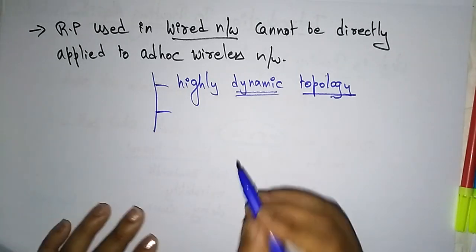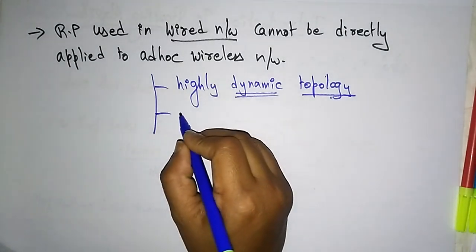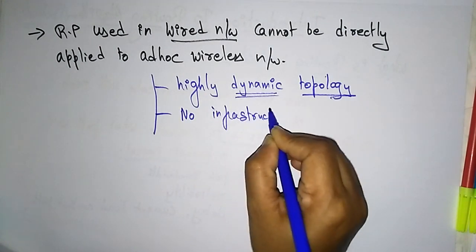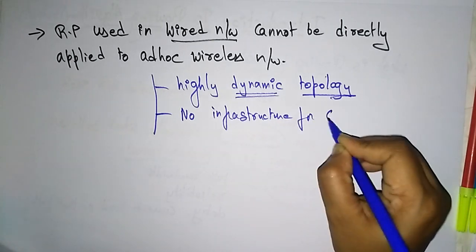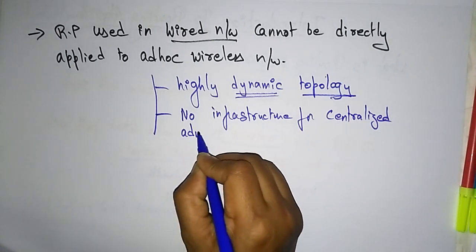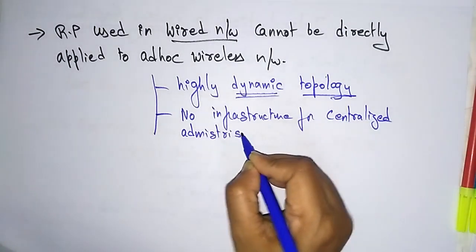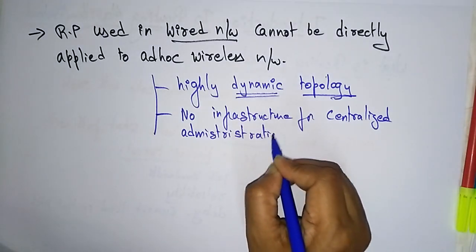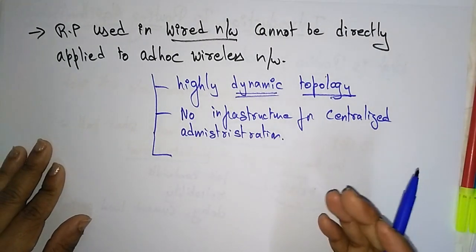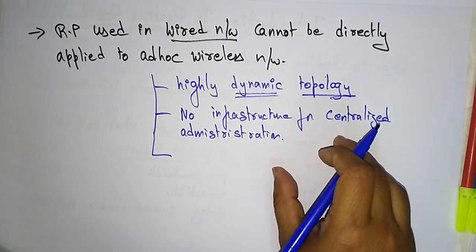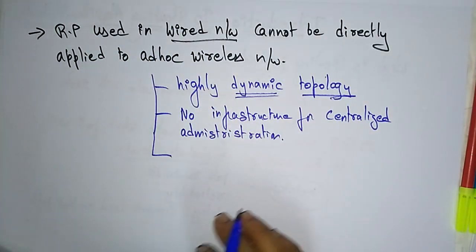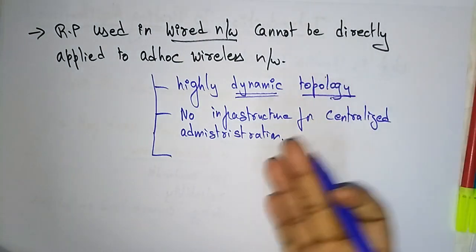Here, no infrastructure for centralized administration is required in an ad hoc wireless network. Whereas in a wired network you need centralized administration, here no infrastructure is required. So these points have to be considered. That's why we are not using the wired routing protocols directly on the ad hoc wireless network, because it has these features.